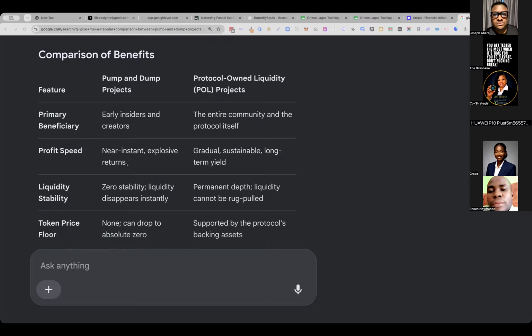You must be aware of the risks. How quickly can you make money on a protocol-owned liquidity project? It is gradual, sustainable, long-term yield. You stake and you earn based on yield. The token is minted and you are rewarded with the token because you are holding for long.